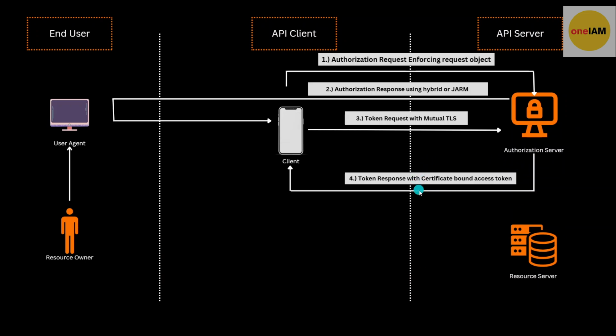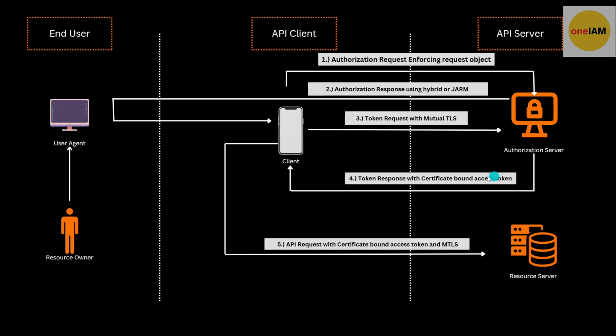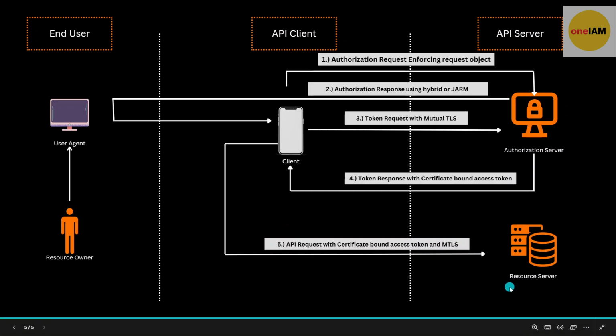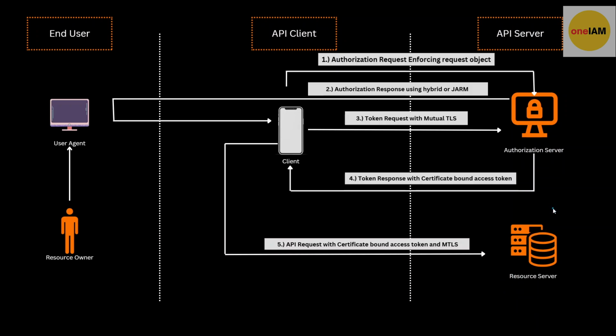At the end of this video, we are going to talk about what a certificate bound access token is, so stay tuned for that. Once we receive our token response, we can use our certificate bound access token to make API calls to the resource server over a mutual TLS connection. So that's an overview of how the FAPI flow works. Now let's get into the Identity Server and see financial grade API security in action.